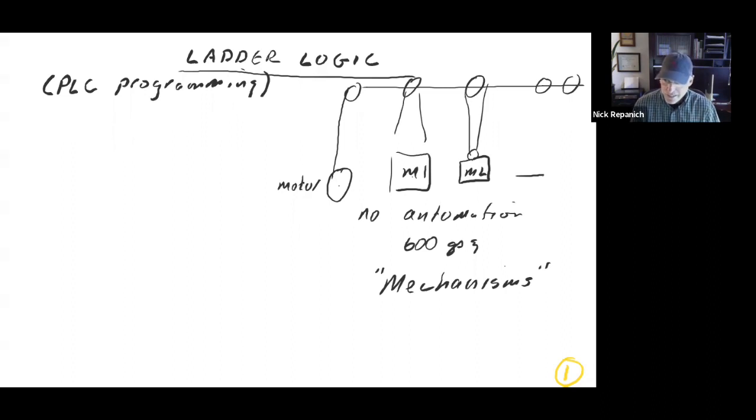And so we use a few of these, but more and more the mechanisms get replaced by motors as we go along. But with PLC programming, at some point you need to add automation into that.